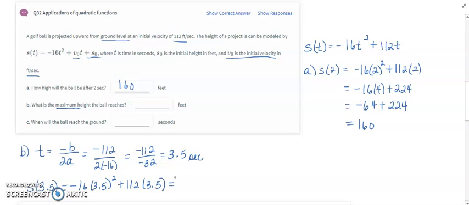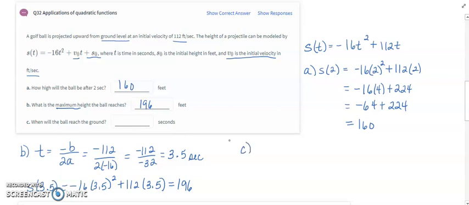And when we perform that calculation, we get 196. So that tells us that the ball is going to reach the maximum height of 196 feet. If it asked when does it reach it, then that would be in 3.5 seconds.